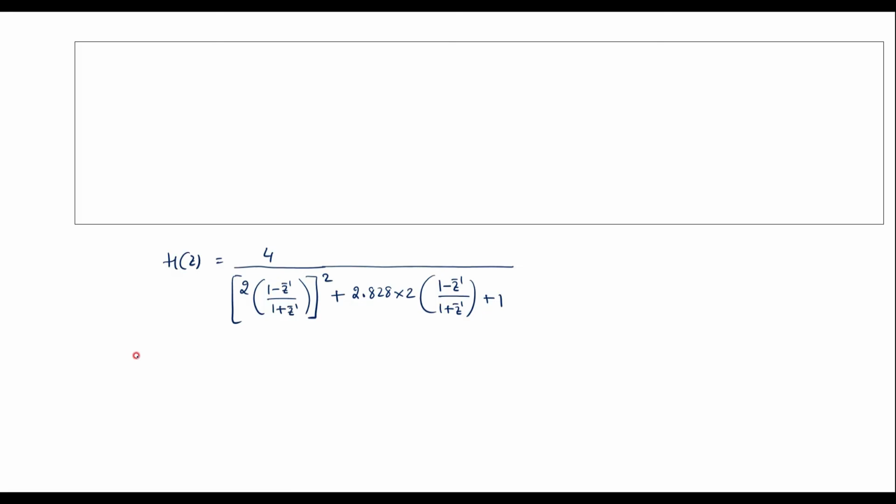So simplifying this further, I can write H of z is equal to, if I take (1 plus z inverse) square as LCM, this will come on the numerator.